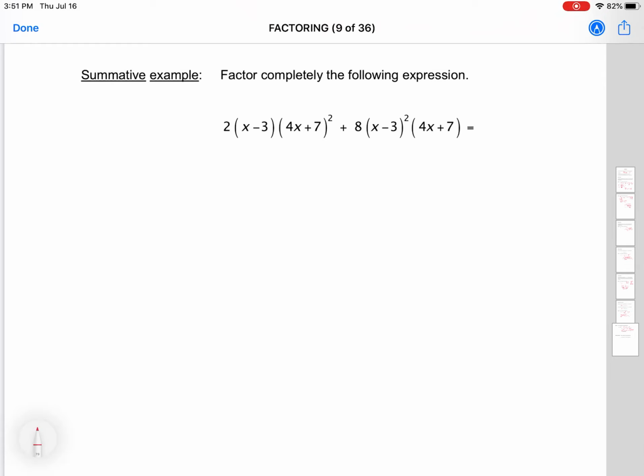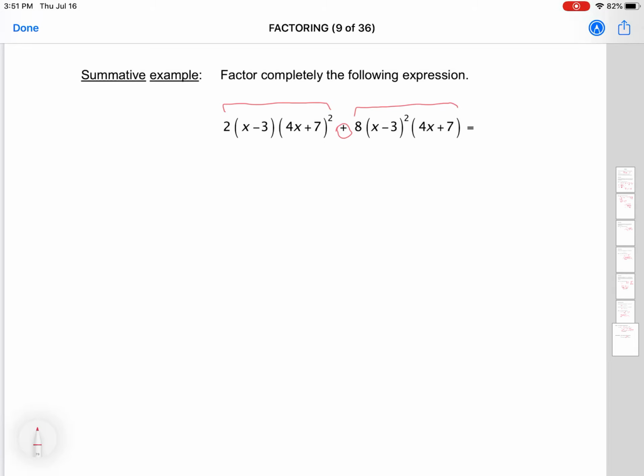Finally, one summative example, something that's going to bring together more than one type of factoring. So notice that the plus sign is here, creating really two terms. Our job is to see what's common, first of all, to these two terms. We don't want to expand all this because then it's going to be very messy and very difficult to refactor.